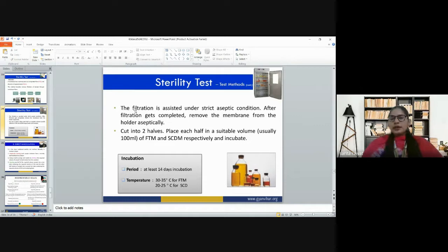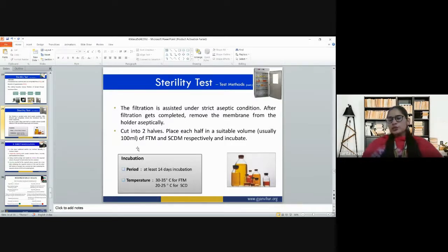Then the filtration is assisted under strict aseptic conditions. After filtration is complete, remove the membrane from the holder aseptically.